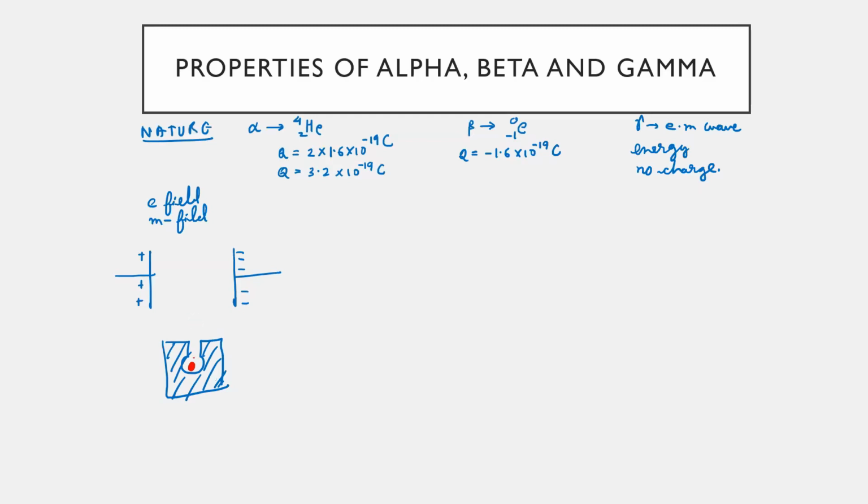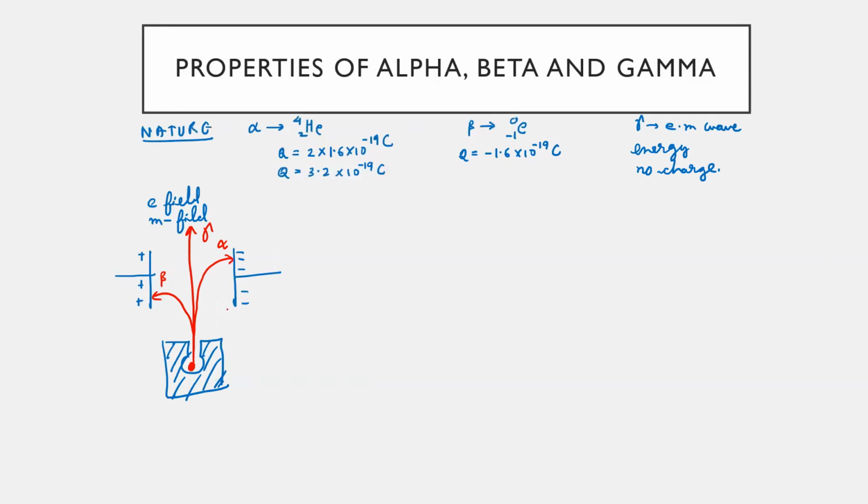From this radioactive substance, alpha, beta, gamma are being emitted. Gamma goes straight, it has no charge, so it will not get affected. Beta is negative, so beta will get pulled toward the positive. Alpha is positive, therefore it will go toward the negative plate. So this is alpha, this is beta.